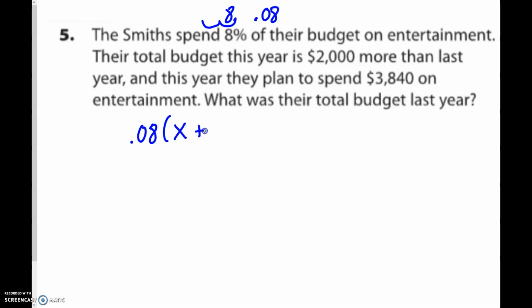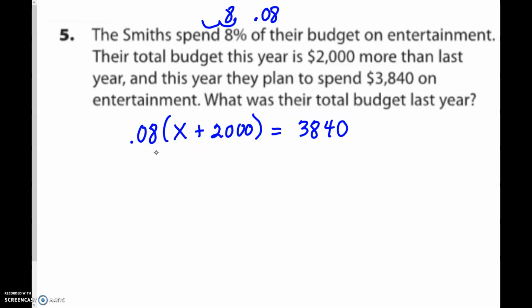But whatever it was, we're going to add $2,000 to it because somebody got a raise and now they're making $2,000 more than last year. And this year, they plan to spend $3,840 on entertainment. Okay, so it's 2,000 plus what?